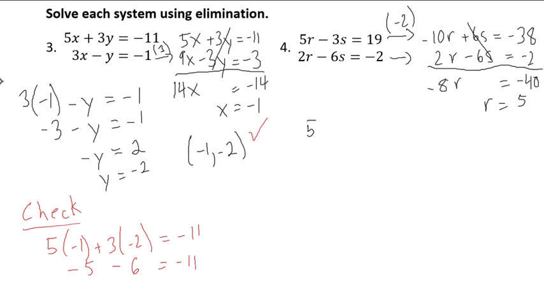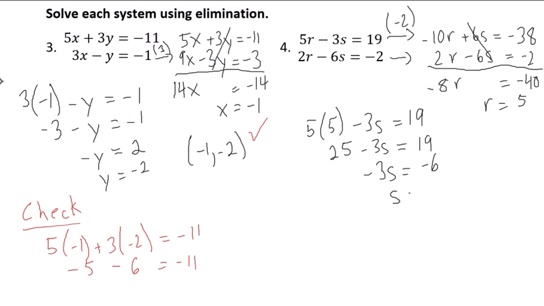So 5 times 5 minus 3s needs to equal 19. So that's 25 minus 3s equals 19. Subtract 25 from both sides, and you get negative 3s equals negative 6. Divide both sides by negative 3, and s equals 2.